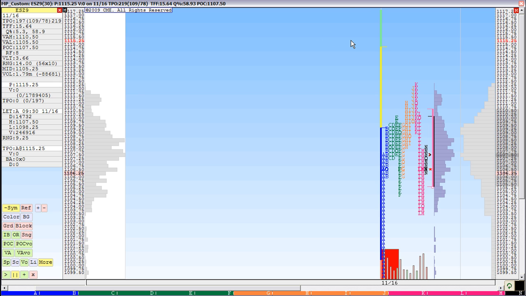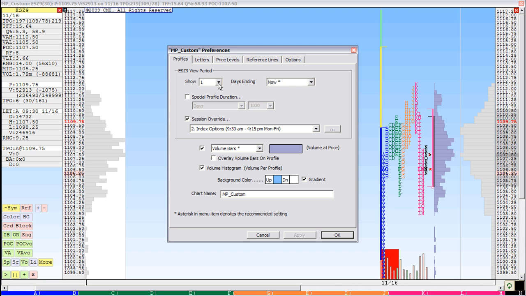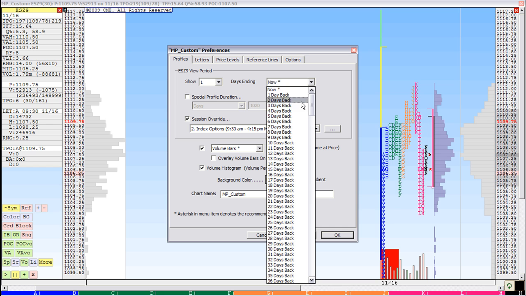But now let me show you the rotational factor on 2 other days, and hopefully this will explain how it actually works, and you'll be able to see what a trend day is and what a fairly perfectly distributed day would look like. So let me just change this profile to 1 and 5 days back.